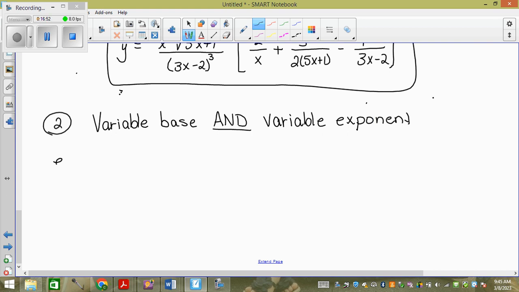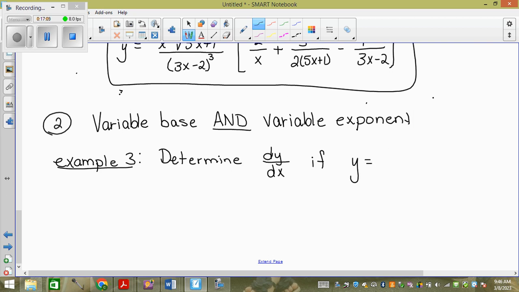Example 3. Determine dy over dx if y equals x to the x to the 4 plus 3x.